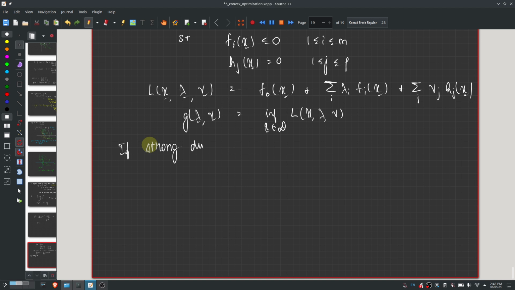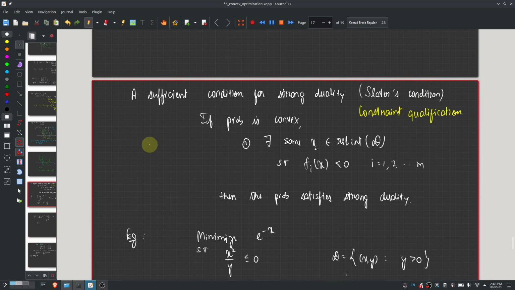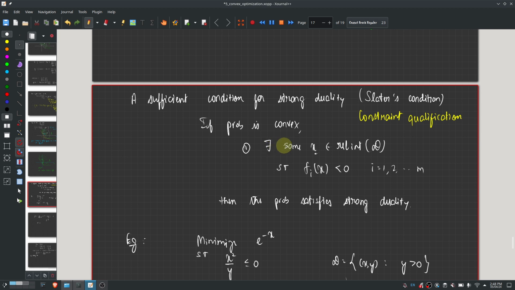So that's a sufficient condition for strong duality. If the problem is convex and there exists some x in the relative interior for which all of these inequalities are satisfied with strict inequality, then this satisfies strong duality. If strong duality holds, then KKT conditions are necessary.